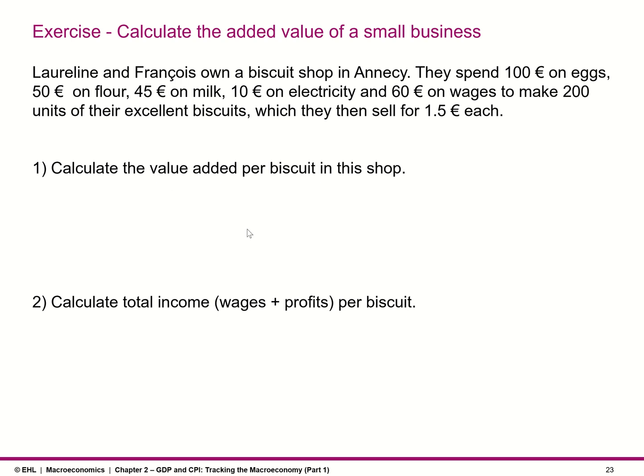So you can calculate this and then divide, because we want the added value per biscuit, by the number of biscuits. It's 200 units. And in the second part of the exercise, you have to calculate the total income that is generated by this production. This income is distributed between wages and profits.